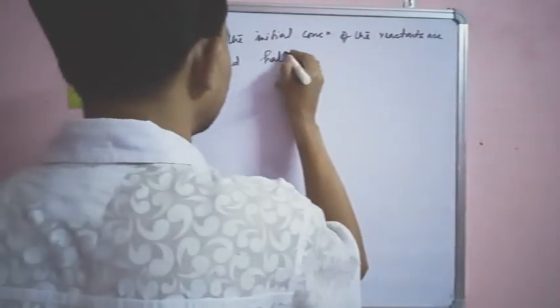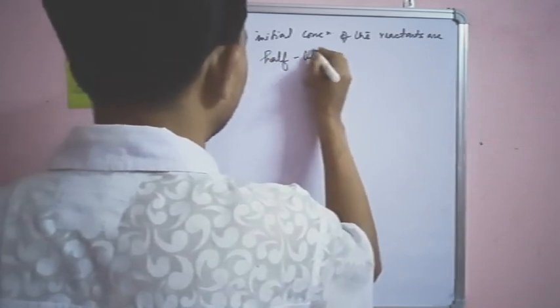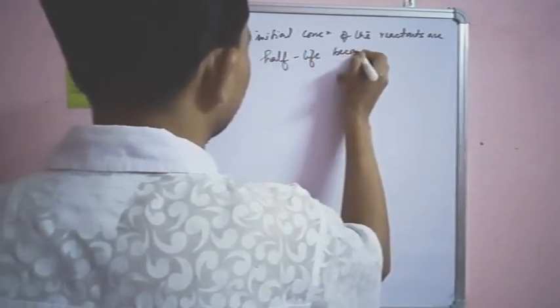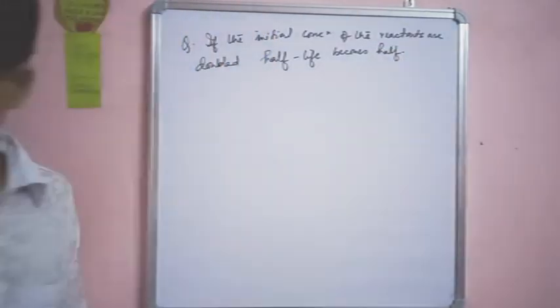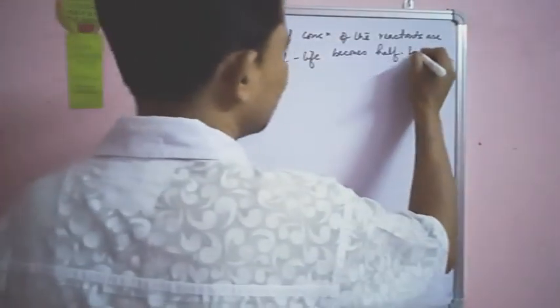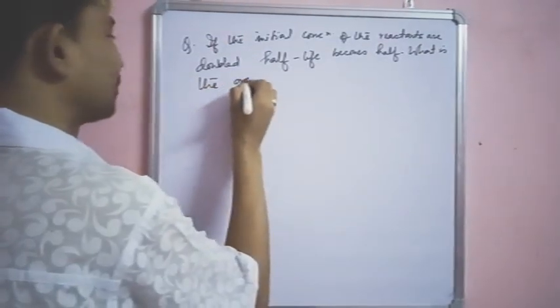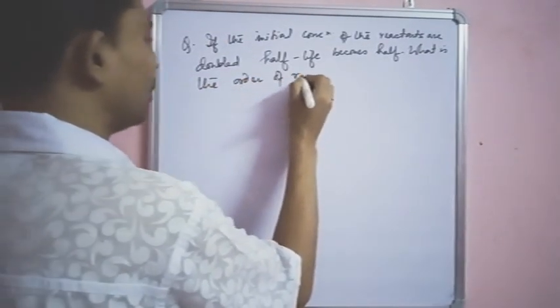That is, T half becomes half. So then what is the order of reaction? That is, we have to find the value of n.